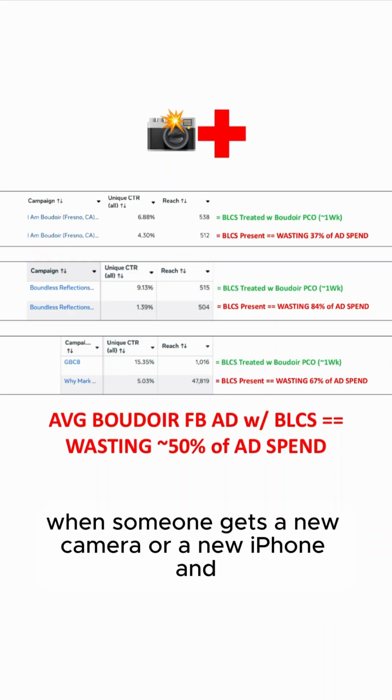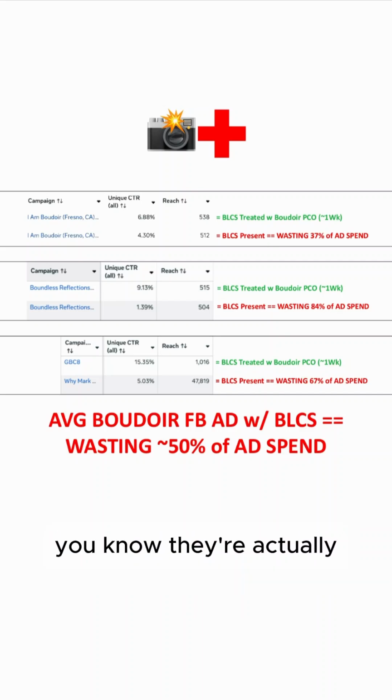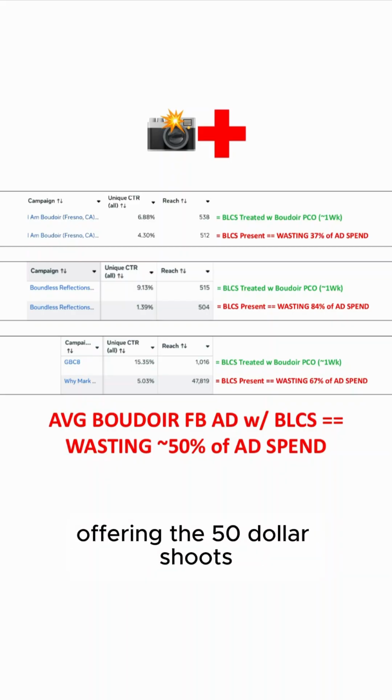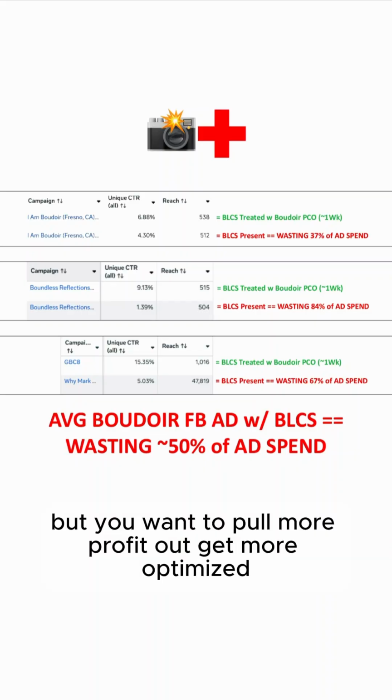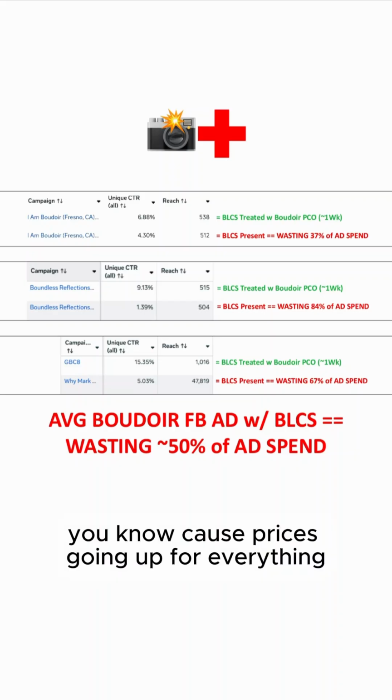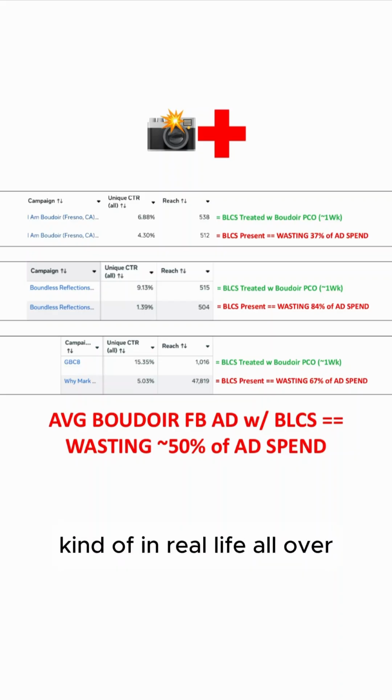It seems like when someone gets a new camera or a new iPhone, they're actually joining all the mom groups, offering the $50 shoots. But you want to pull more profit out, get more optimized, get more out of your ad spend, because price is going up for everything in real life all over.